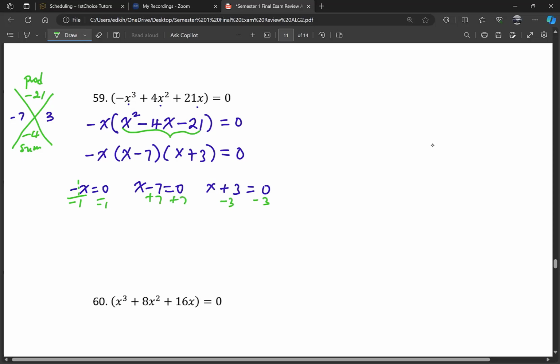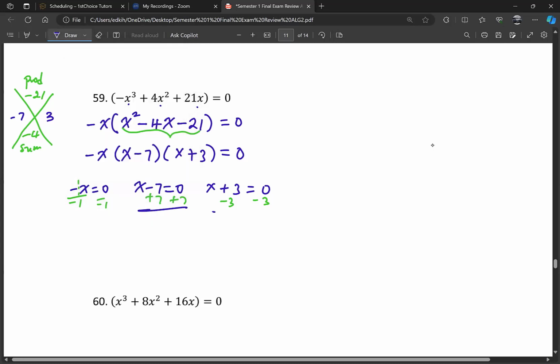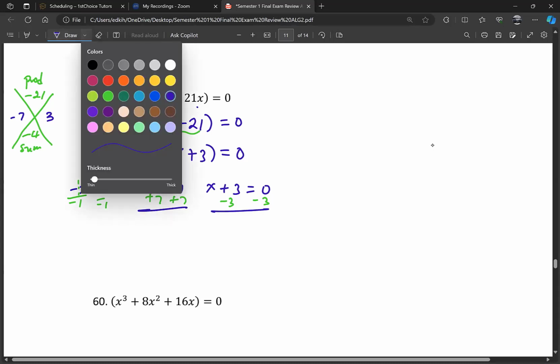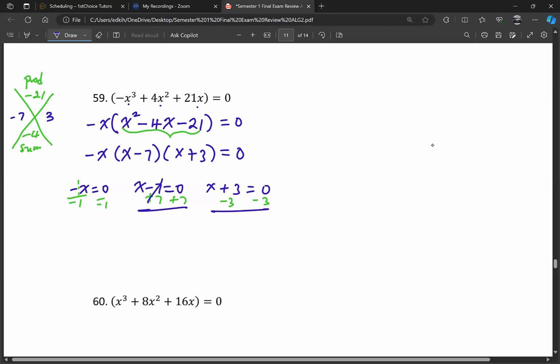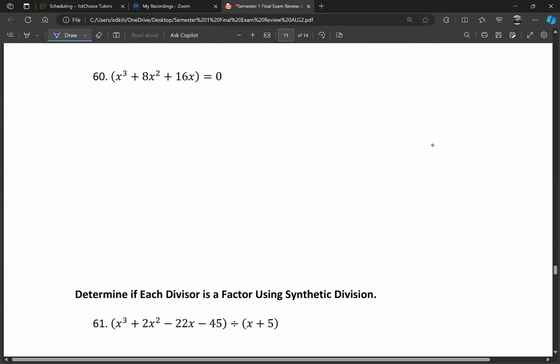Third one, you're going to be subtracting 3 from both sides. So here, our final answers are as follows. x equals 0, x equals 7, x equals negative 3. You can write the answers like this, or just like in the previous problem, you can put them in one straight line, like x equals negative 3, 0, and 7. Whichever one you prefer, either one's fine.